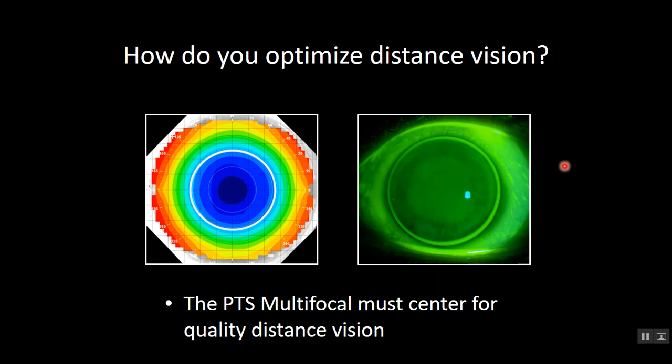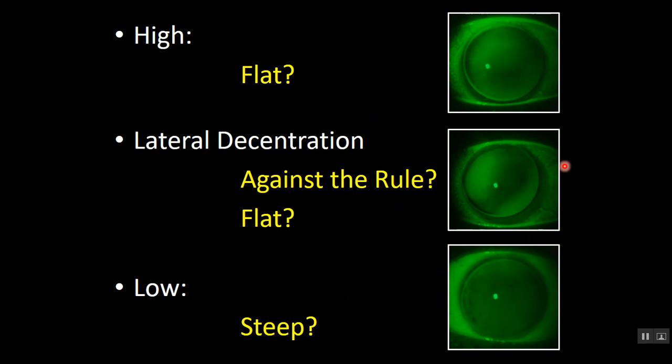How do you optimize the distance vision? Well, it's important that those lenses stay on center, as we said. So by ensuring that you're creating the best possible fit to align to the cornea centered, then we're going to have the best chances of success. If they're decentered, then we've got to look at the fluorescein pattern. Is it flat? Is it riding high? The combination of the two indicating we need to go steeper.